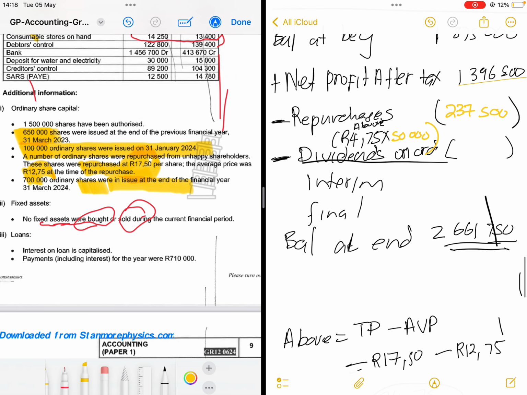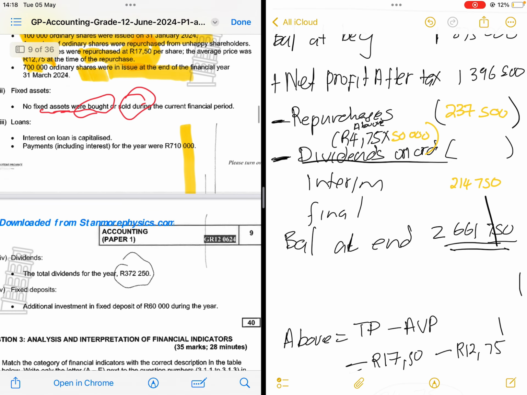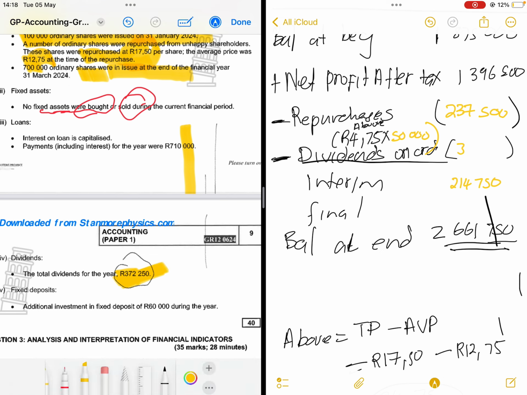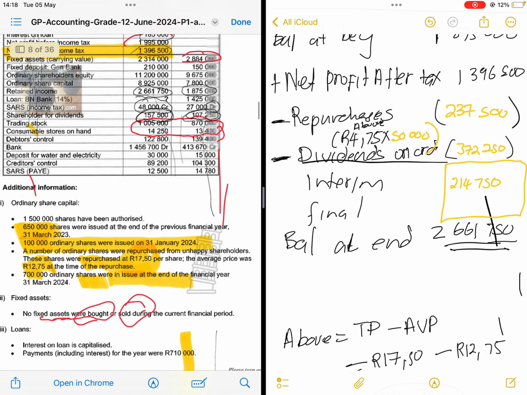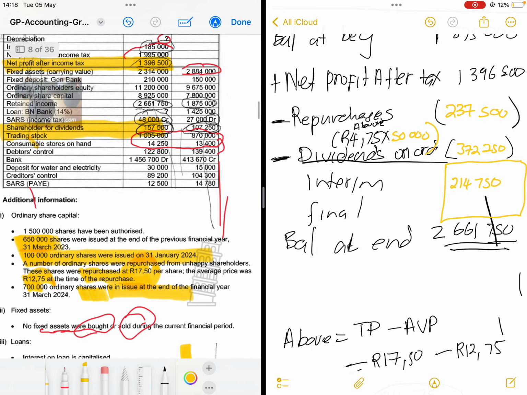And also the final dividends was given this year. The total was given here, which is 372,250. And the final dividends this year is 157,500. Then that's it.